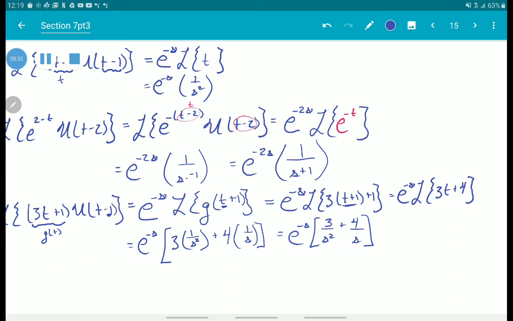So you can see how we have to identify what our g of t is, identify a, substitute everything in, and then we have to rewrite that function, substituting t plus a in for that t, to use that second translation theorem.